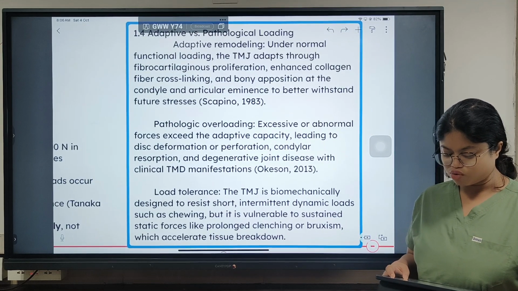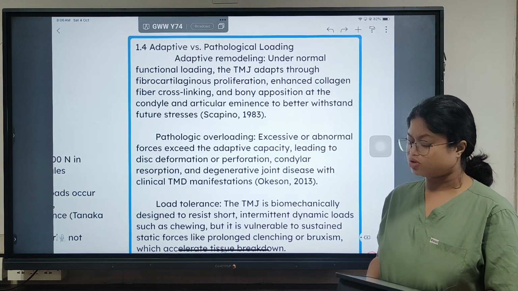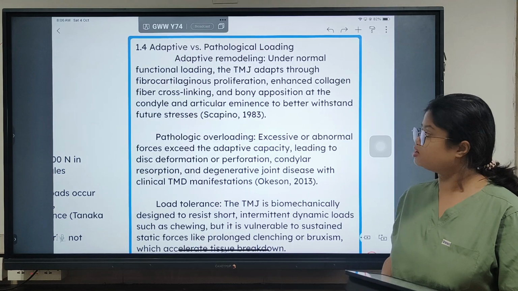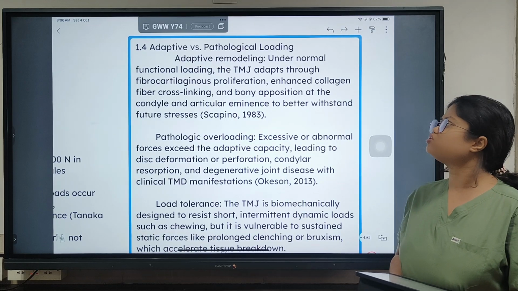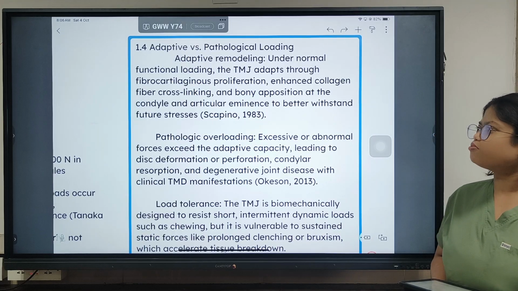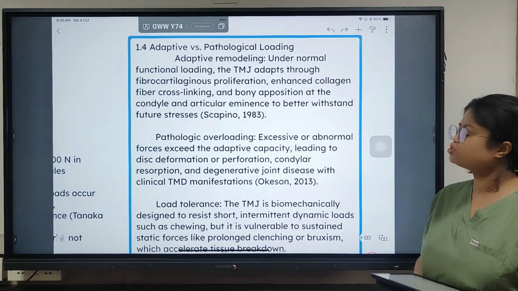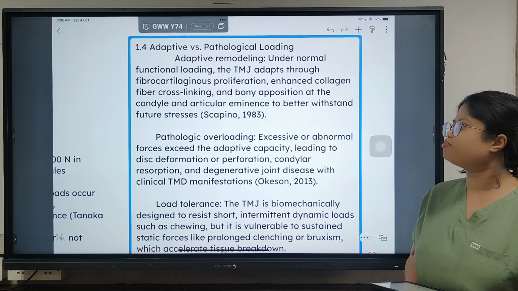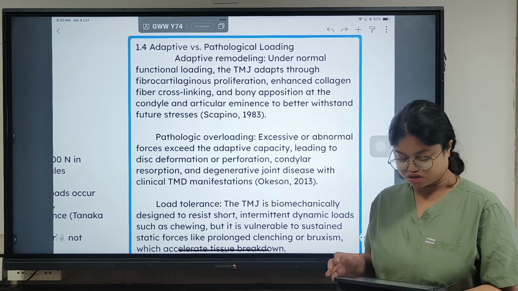When we talk about loading, two types of loading are there: adaptive, which occurs during physiological functions, and pathological loading, which is seen when we have some TMJ pathology. So how does the TMJ remodel? Adaptive remodeling: under normal functional loading, the TMJ adapts with fibrocartilaginous proliferation, enhanced collagen fiber cross-linking, and bony apposition at the condylar and articular eminence to better withstand future stresses.